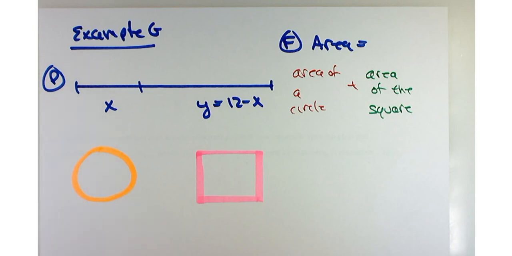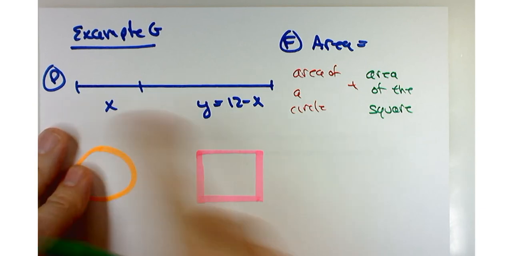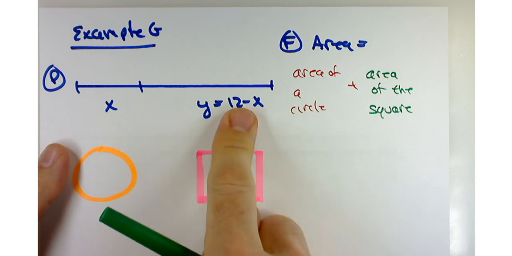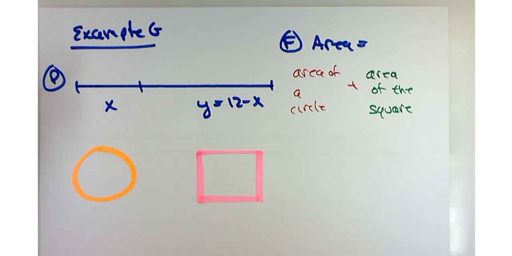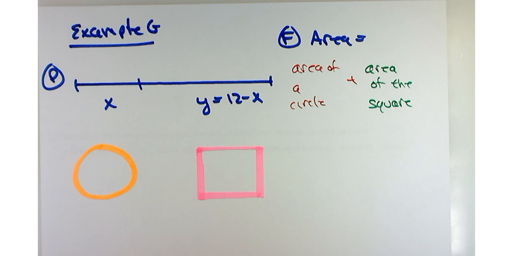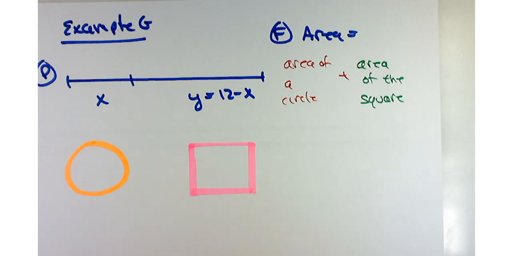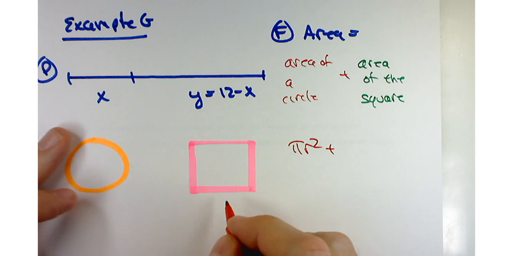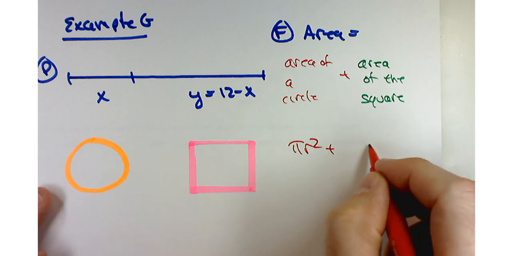Do I want to let this be part of the area for the circle, or is this going to be related to the area of the square? I think because a circle is a little bit more annoying to deal with, I'm going to take this X and wrap it up into the shape of a circle. So the area of a circle is just going to be pi r squared. And the area of a square is going to be the length of the side squared.